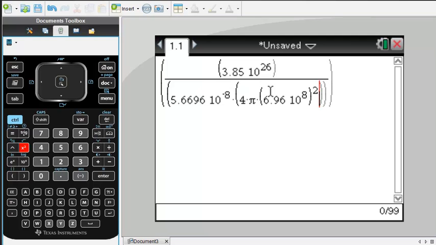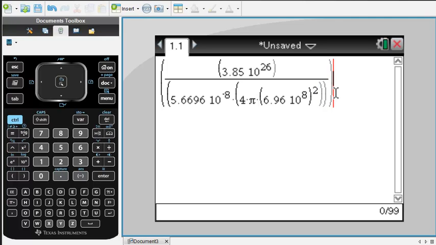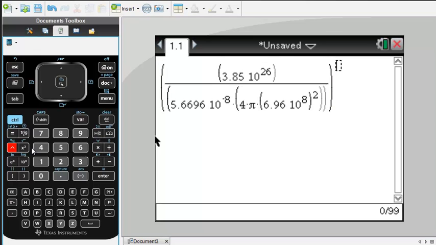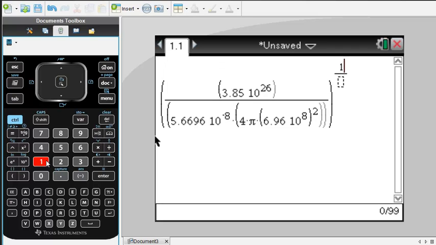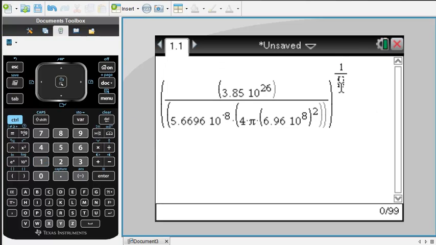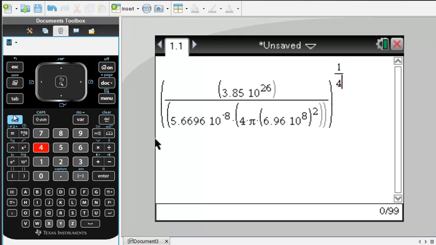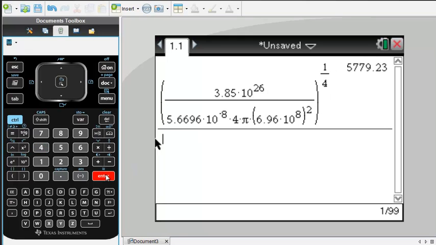And then we're going to take this whole function, remember, because this whole function is to the 1/4 power. So we've got 1/4. Alright, let's see what we get. Perfect. 5779.23.